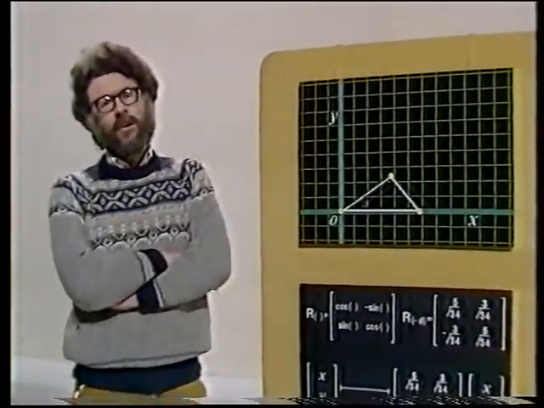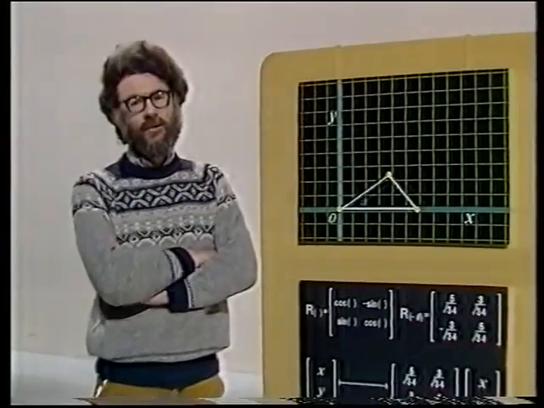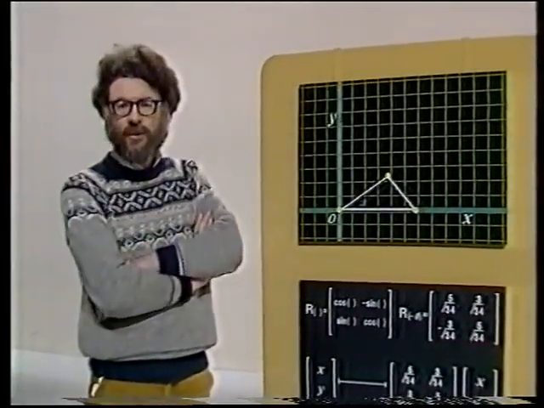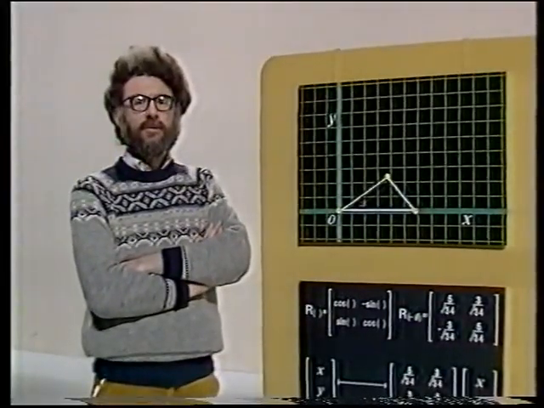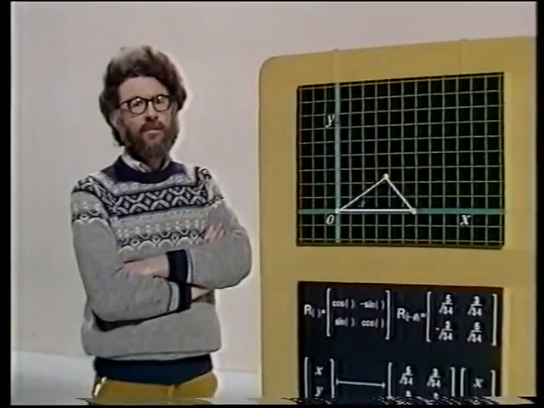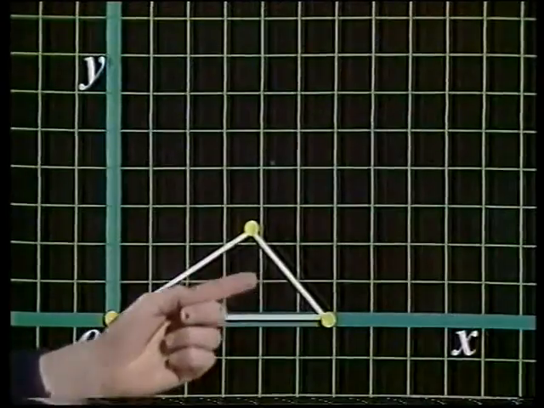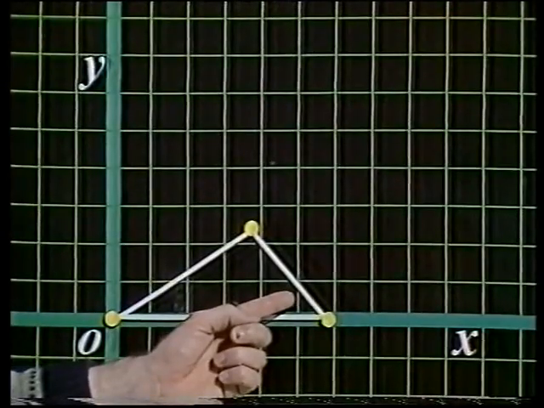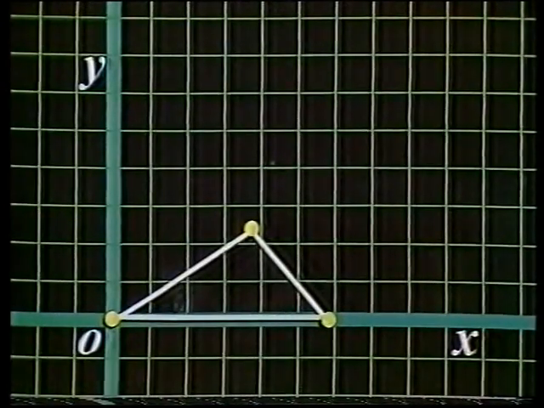Now, the reason that this correspondence works is that the matrix algebra that we do models all the important geometrical properties of the transformations. For example, the geometrical transformation that we used preserves the property that points lying on a straight line remain on a straight line after transformation. And as we've just seen, the matrix transformation has exactly the same property.